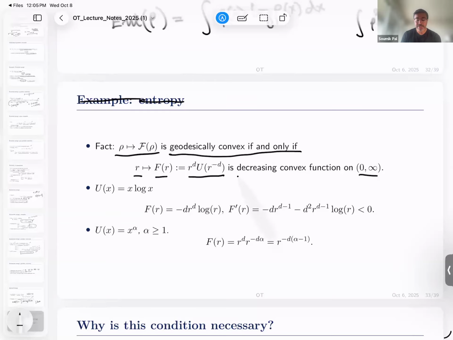This function should be a decreasing convex function on 0 to infinity, and that's a necessary and sufficient condition that this function of probability measures is geodesically convex. Very bizarre when you see it for the first time, but I'll explain to you why physics forces this condition.